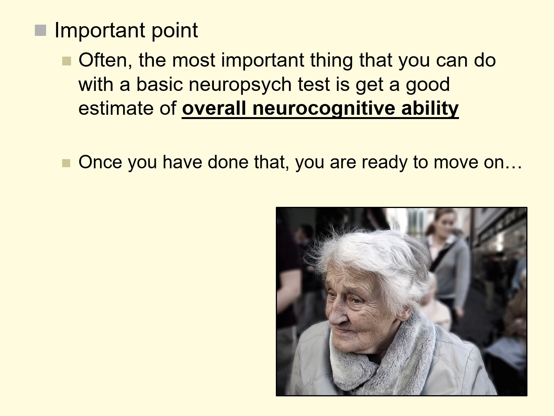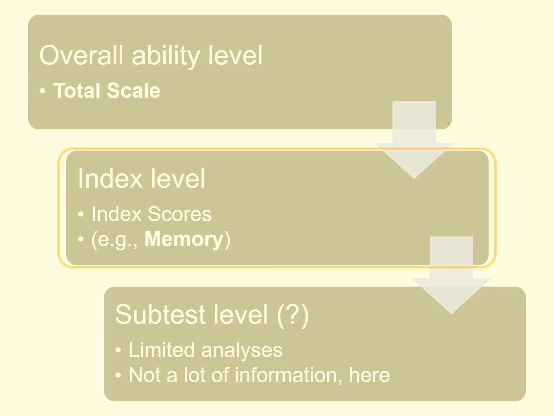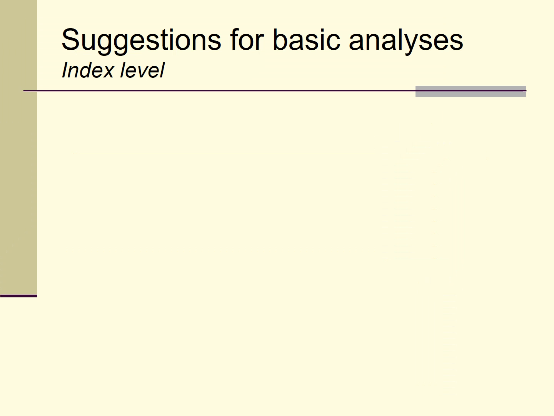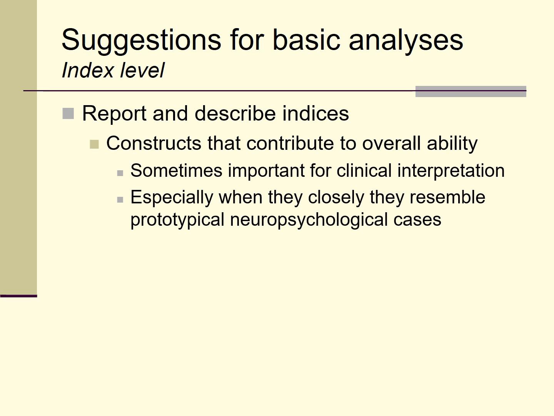Now, once we have that overall sense, we can sometimes move on to our next level of analysis and interpretation. That next level is the index level. It's at the level of the index scores. So those particular scores for those particular areas of neurocognitive functioning, such as, for instance, memory. Now here, our job is to report and describe those indices, the constructs that contribute to someone's overall ability.